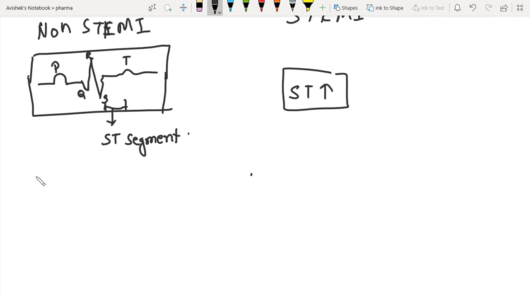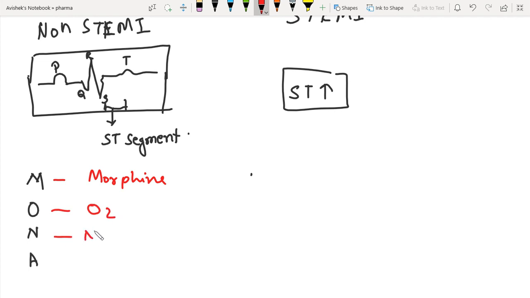For remembering the drugs, we will remember one name, which is MONA. In non-STEMI we use MONA. MONA is morphine, oxygen, nitrates and aspirin. On the other hand, in STEMI we use S and from the opposite side, SONAM.